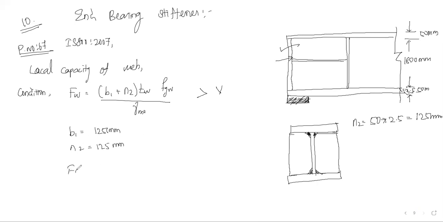If I'm going to substitute this into this FW formula, 125 plus 125 multiplied with the thickness of web 16, and the Fy value is 250, then gamma m naught is equal to 1.1. If I substitute this value, I am getting Fw is equal to 909.1 kilonewton, which is less than V, so that the shear won't transfer to the support properly.